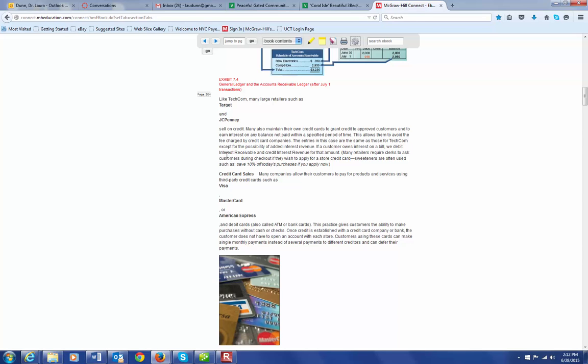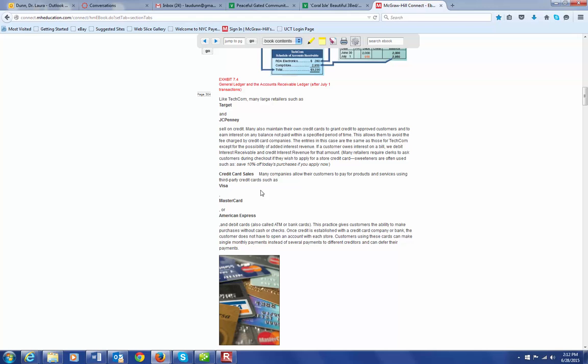If the customer owes $10 in interest in a particular month, that's interest receivable because you haven't received it yet. When you do get paid that interest, you would debit cash and credit the interest receivable account to clear it out.